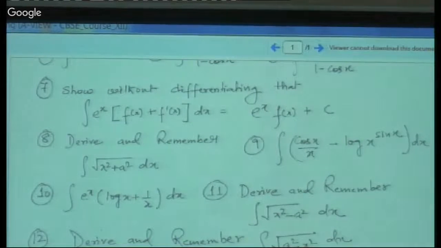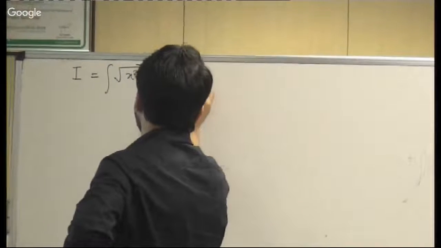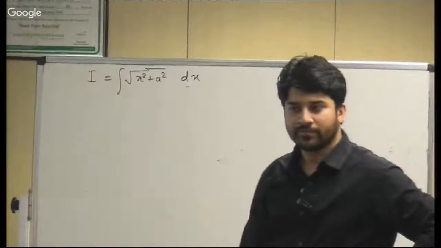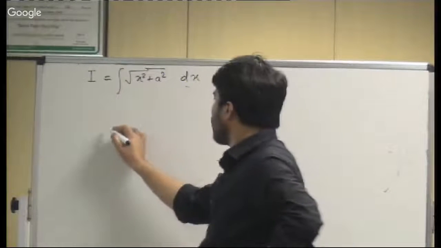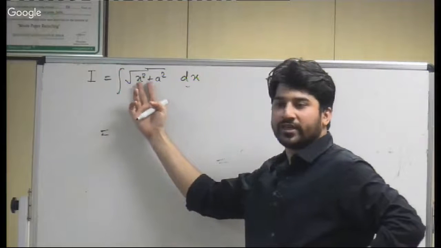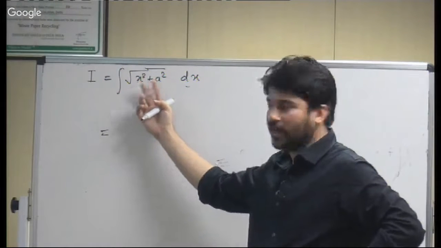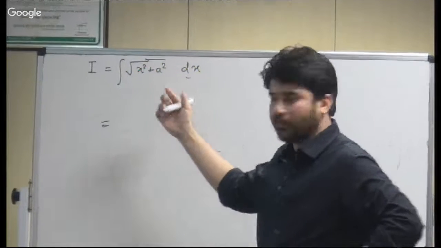Let's say my I is the integral of under root x square plus a square dx. As we can see, it is very difficult to integrate directly. I'm going to take this as my first part and 1 as my second part.